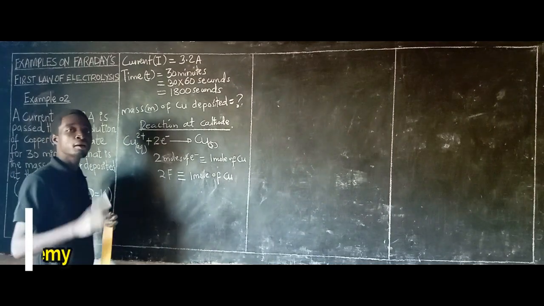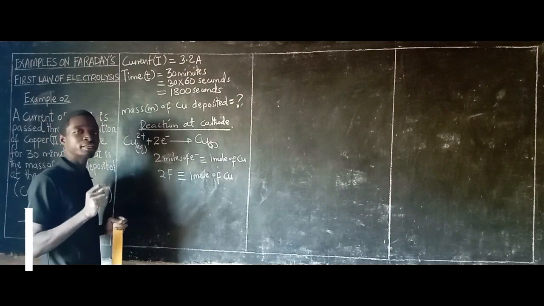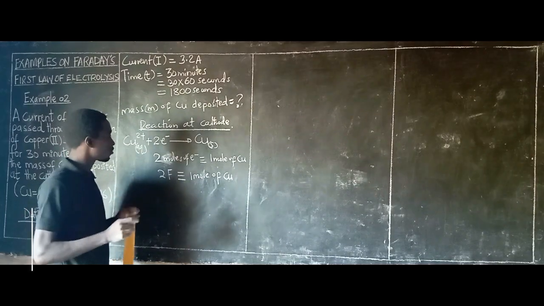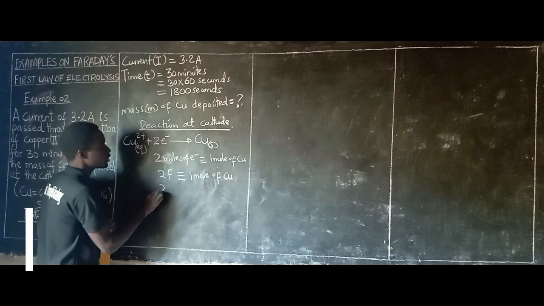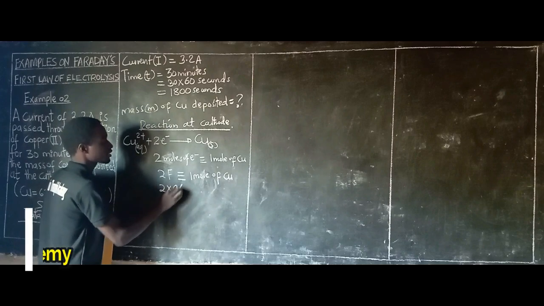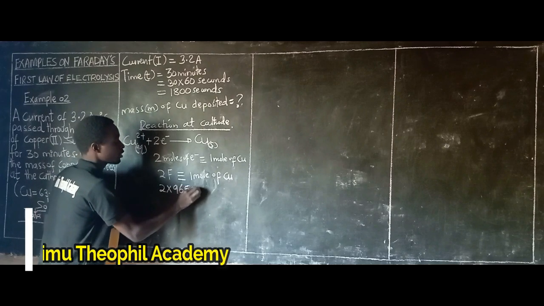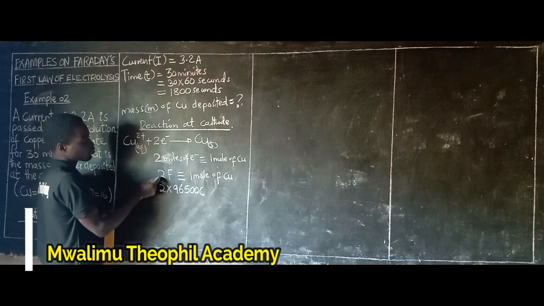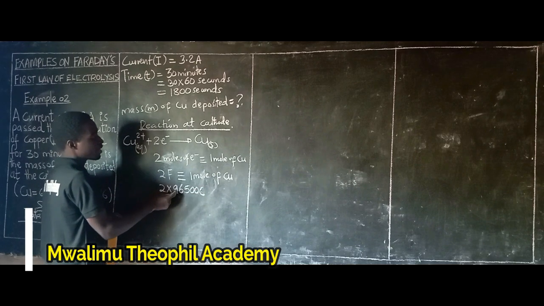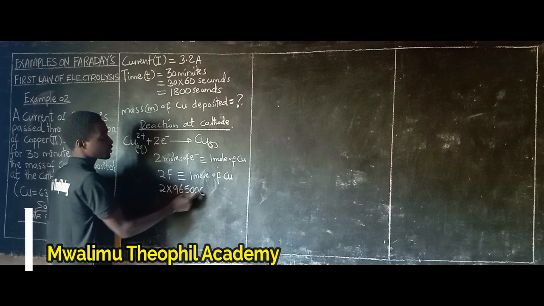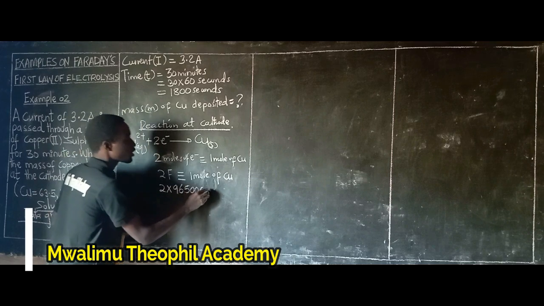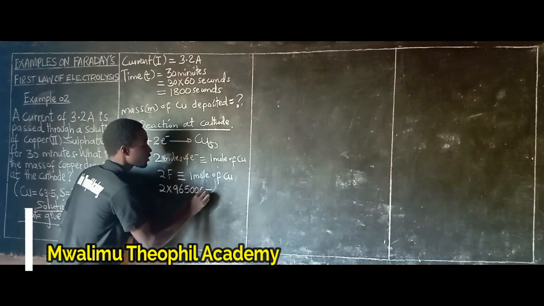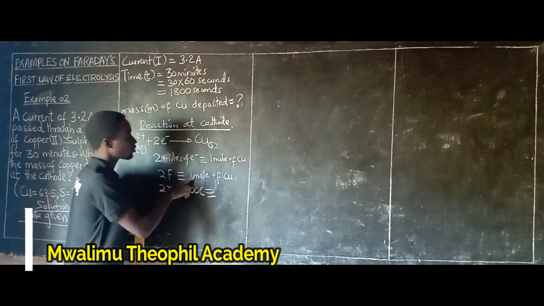You have to know that 1 Faraday is equal to 96,500 coulombs. So to convert these 2 Faradays into coulombs, it will be 2 times 96,500 coulombs. Now 2 times 96,500 coulombs will be equivalent to 1 mole of copper.